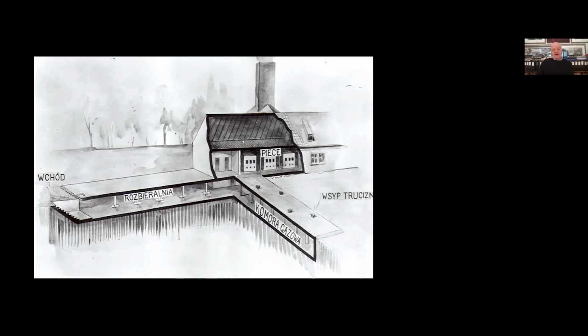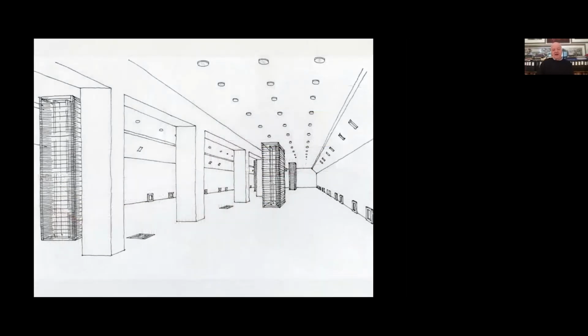And you see also a number of columns, both in the undressing room and the gas chamber, that basically support a beam that supports the slab that is the roof. So this is a reconstruction drawn by a student of mine in the 1990s of the gas chamber of Crematorium 2.